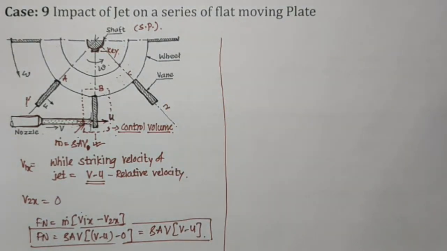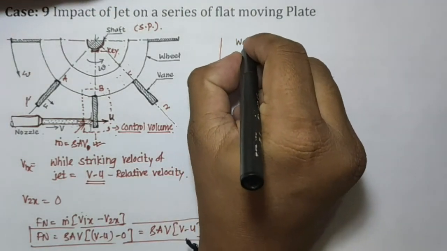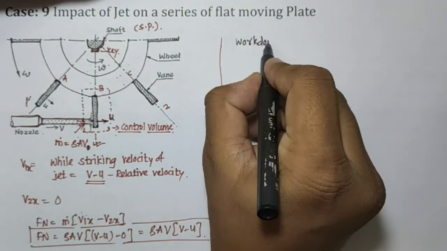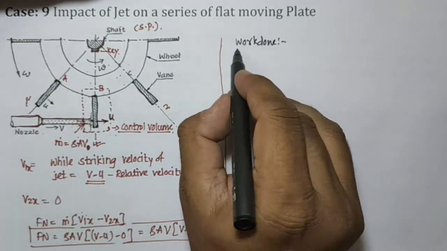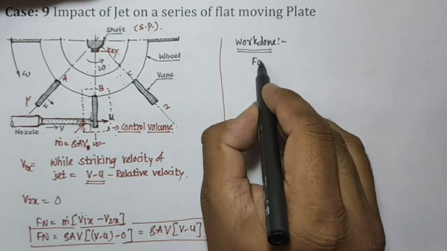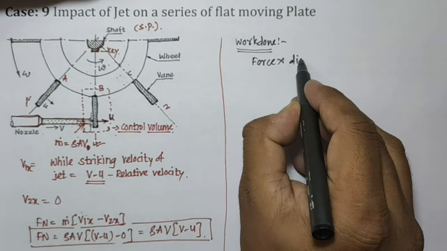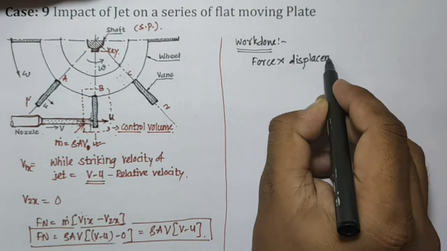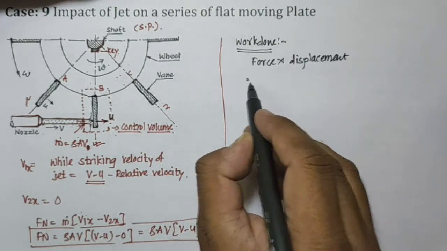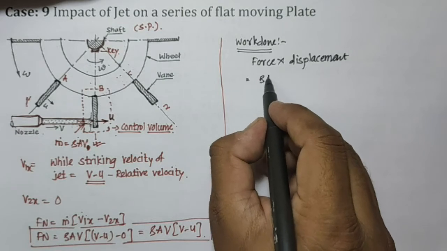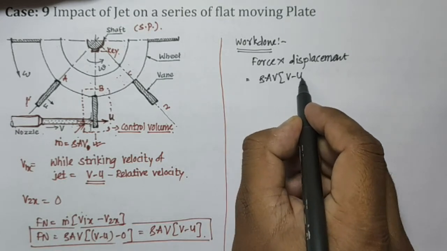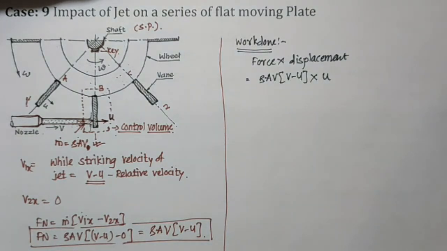Now we will see a very important thing, how the work done is to be found. Work done is equal to, I hope you know, force into displacement. So force is rho a v (v minus u), complete into u.